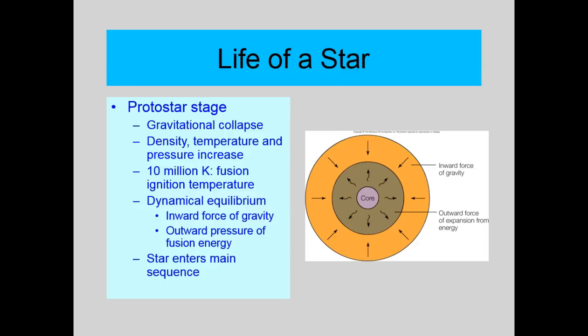Then fusion begins and it starts blowing out. So the inward force of gravity, the outward force of the fusion in the core, moving things outward. And when they finally reach some sort of dynamic equilibrium, it may still be pulsing a little bit, that's when the star enters the main sequence, when it sort of settles out there.